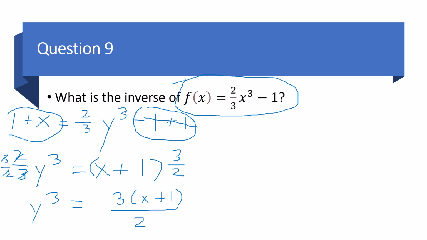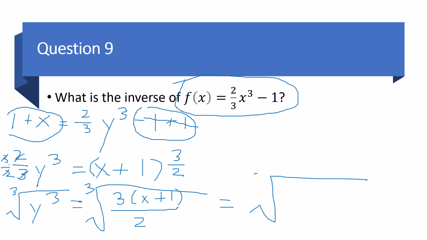Okay, and then we take the cube root of both sides. And we get the cube root of 3x plus 3 over 2.